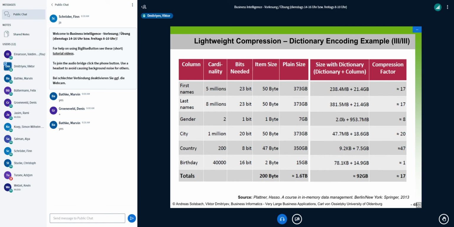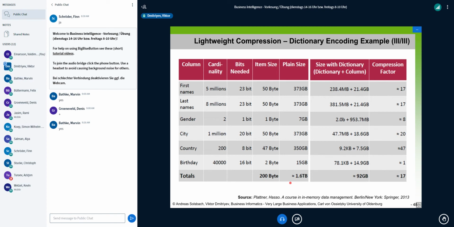If this is the plain size, let's look at the total. You can check the numbers later on. So if you take 8 billion times 200 bytes, you'll have 1.6 terabytes of data to save, basically the information about every human being on the earth.